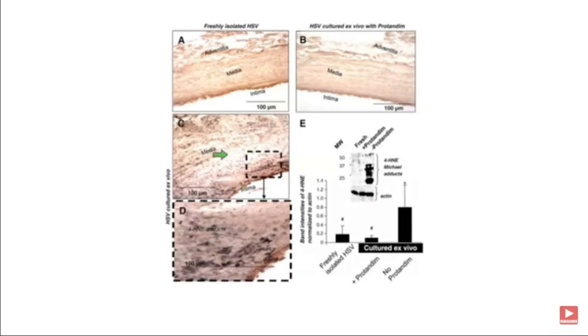And so this process goes on throughout the life of the bypass graft, and thus the bypass graft narrows from the outside in. So when they treated the same veins with Protandim and exposed them to the same levels of oxygen and blood pressures, they had no thickening of that intima whatsoever. That was truly amazing.